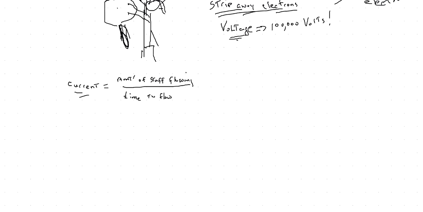So if I look at water, suppose we have a hose. There's my hose, and the water's coming out, and it's going to fill a bucket. All right, and my amount of water is 3 buckets per minute.